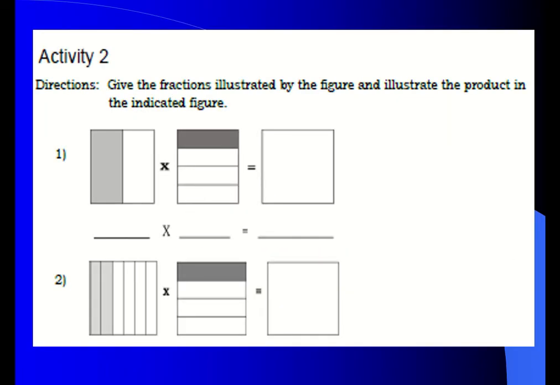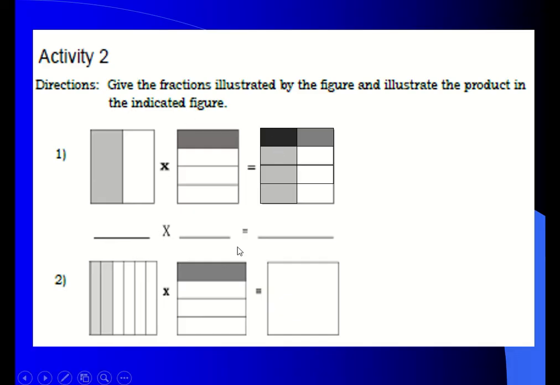Okay, for activity 2, katulad din nung ginawa nyo doon. Kaya lang, susulat nyo dito yon. For example, this is 1/2, so susulat nyo dito 1/2. Dito, we have 3/4, so susulat nyo 3/4. In this case, lalagyan nyo ng shade. Ito yung 1/2. Ayan naman yung 3/4.